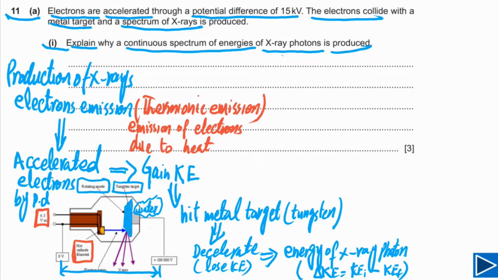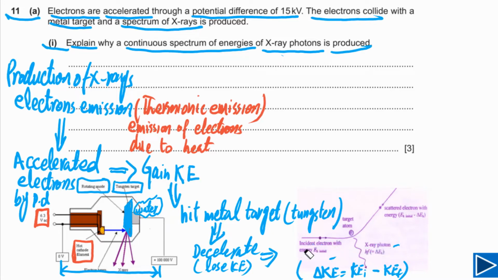Let's try to understand this with the help of one simple figure. I have already drawn it for you here. I will clean this part a little bit and explain what is happening. In this case, you can see we have an incident electron. It has a certain amount of kinetic energy, EKI.